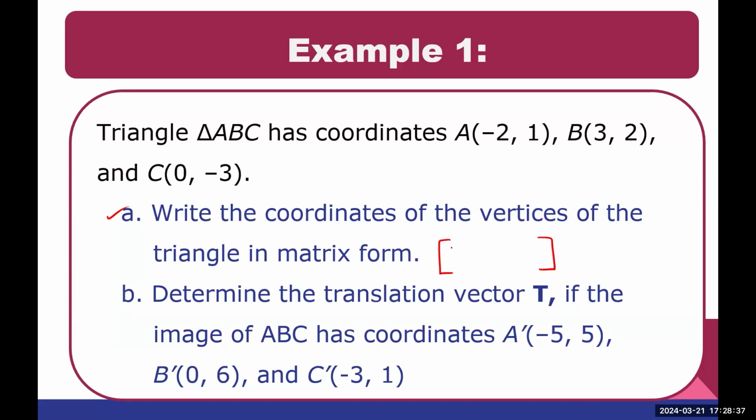Sir, for the top, you would have -2, 3, and 0. Then 1, 2, and -3. So this would represent the matrix form of the given triangle. So let's just put a little arrow, matrix form.